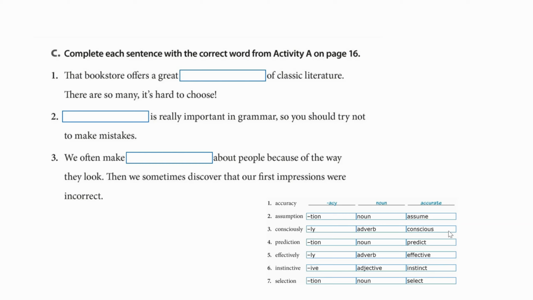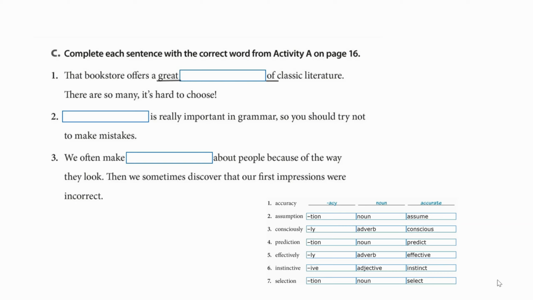That bookstore offers a great ___ of classic literature. There are so many, it's hard to choose. So straight away we know that we have "of" here, which means there is a collocation, a relationship between "of" and the word we're looking for. And the word we're looking for has been described by this word "great", which is an adjective.